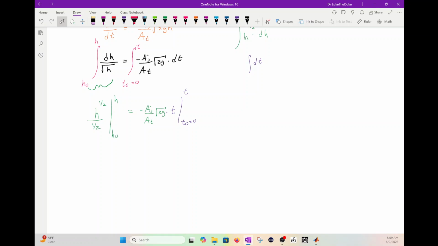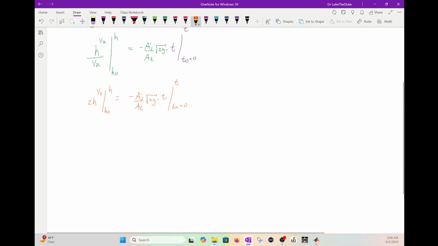Now I'm going to write this again. This is 2H to the 1/2 from H naught to H, and this is negative AJ over AT square root of 2g times t from t naught of 0 to t.